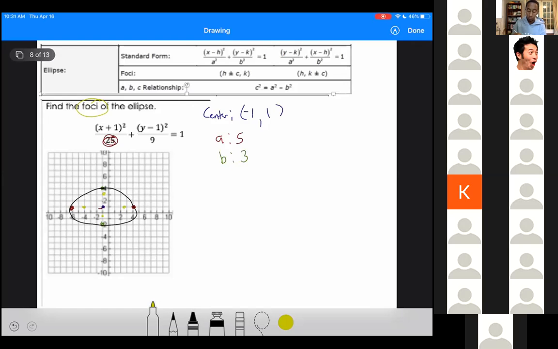So thinking back to what we talked about at the beginning, where would the foci be? Would they be in between the vertexes here, or would they be in between the co-vertexes here? Anybody can unmute themselves and share. Where would the foci be? Here or here?